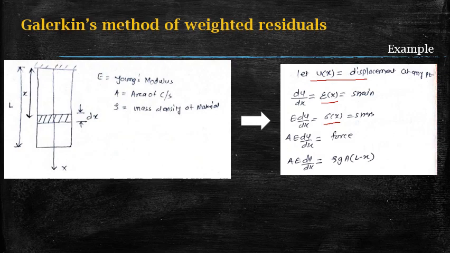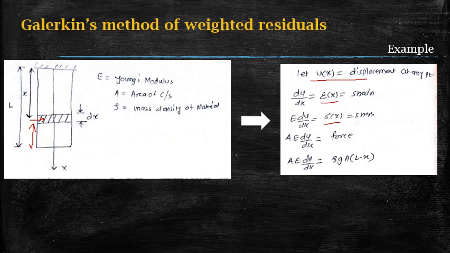Now consider this section, a very small section of length dx at a distance x from the fixed end. This small section has to support the length of the bar which is below it, meaning it has to support the weight of this much length.